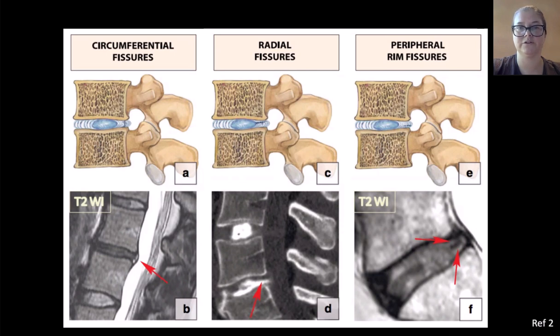So we're going to use fissure. Again, there is not necessarily a grading system, but there are different descriptors for the type of annular fissures. And again, I have never seen nor used myself anyone describe whether it's a radial versus a circumferential fissure.